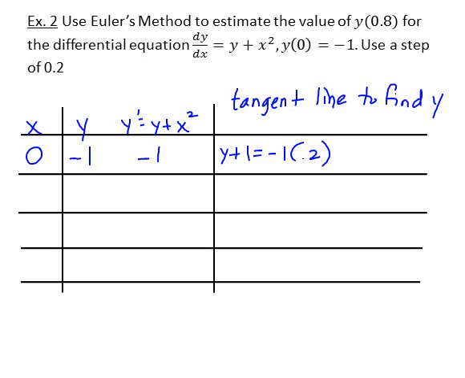The x minus 0 part of the equation will always equal the step after I plug in the next x value. So I've already just replaced that with a 0.2. So this makes the next y value -1.2, and so on. If you'd like to finish this one on your own, press pause now and then continue after you've finished.